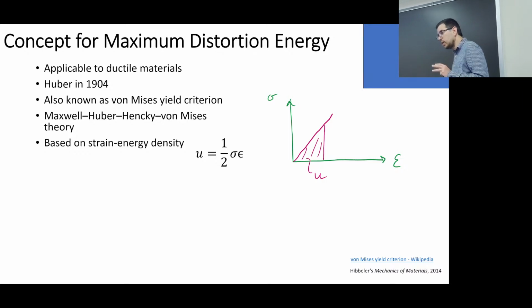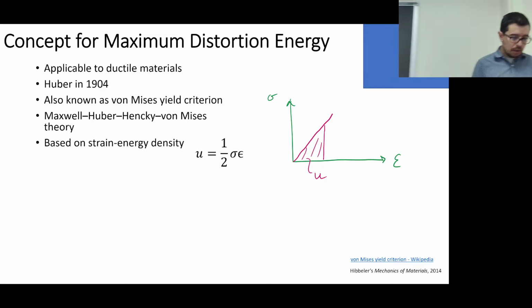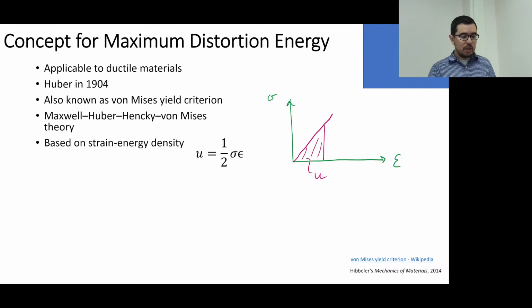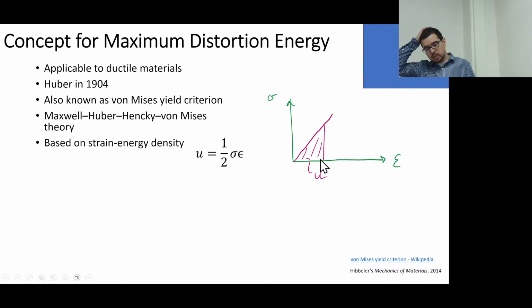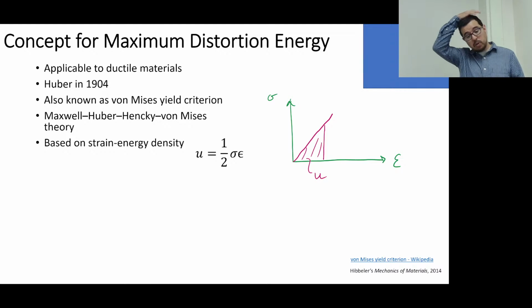We said we can have a specific energy, a strain energy density, that comes from multiplying the stress and the strain by each other and dividing by 2, or the area underneath the stress-strain curve.